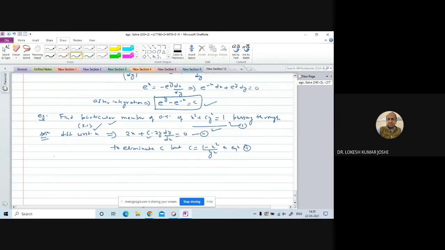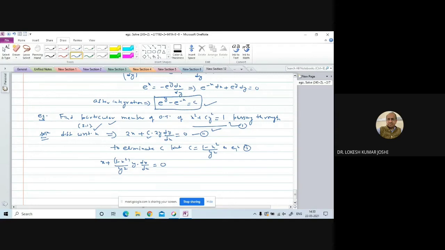We can cancel out this 2, because 2 cannot be equal to 0. Therefore, x plus c times y dy/dx equals 0. If we remove this 2, it becomes x plus, in place of c, we put (1 minus x square) upon y square into y dy/dx equals 0.